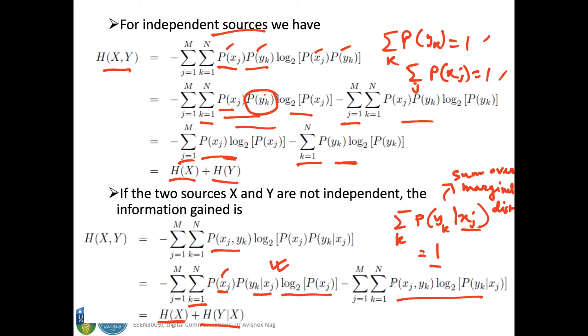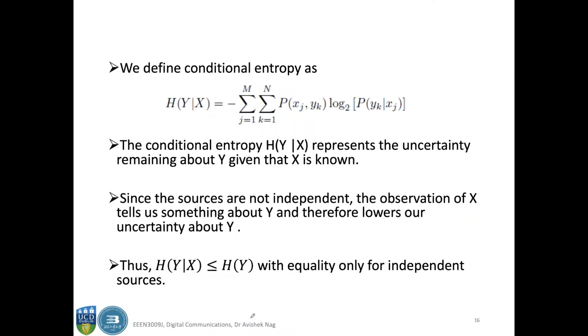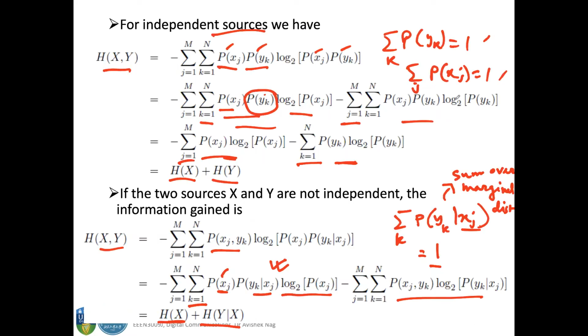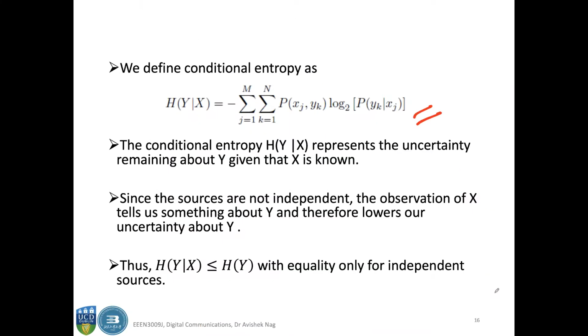Okay, so you will get, in case of non-independent sources, the joint entropy is equal to H(X) plus H(Y given X). So this is the definition of conditional entropy, which we have utilized in the previous slide for calculating this part. The conditional entropy H(Y given X) represents the uncertainty remaining about Y given that X is known.